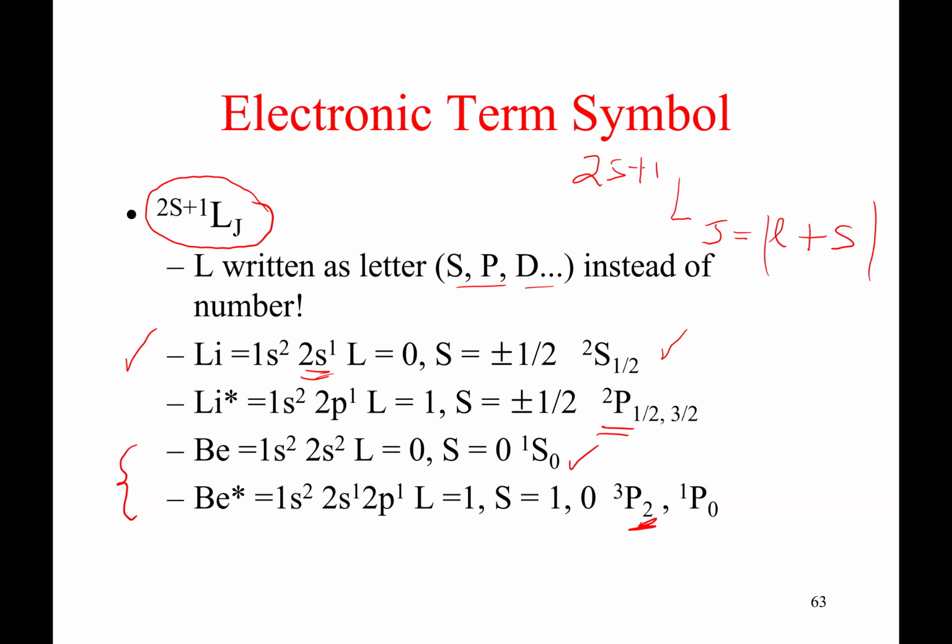So J equals L plus S. You calculate the total L will be 1, and the spin, when the two electrons are up, is a half plus a half. All right? Does that make sense now? Okay, so that's how we get to this.